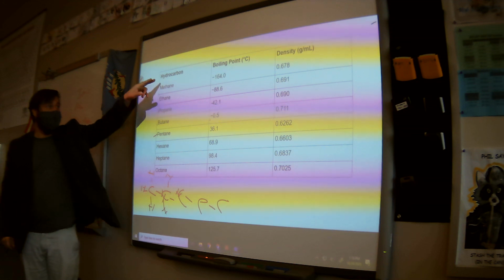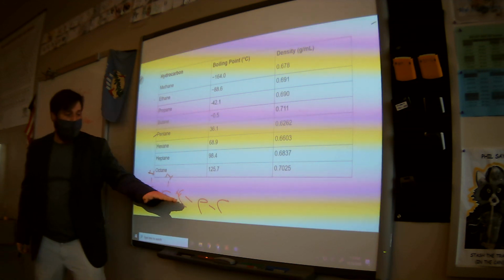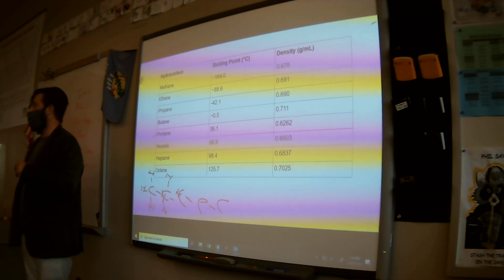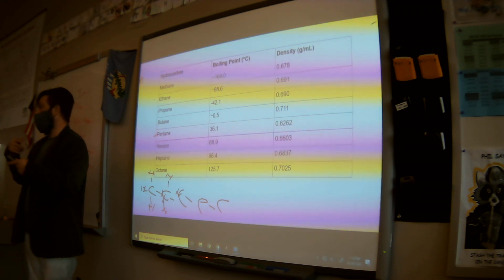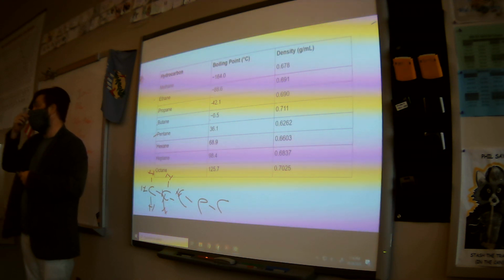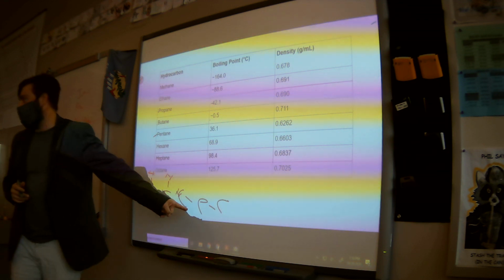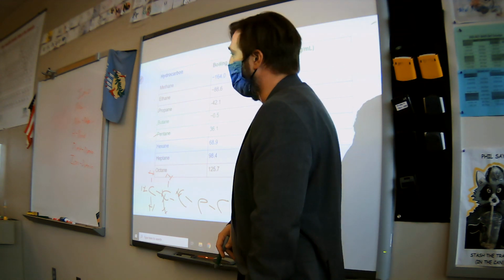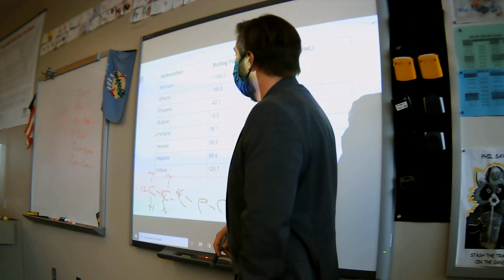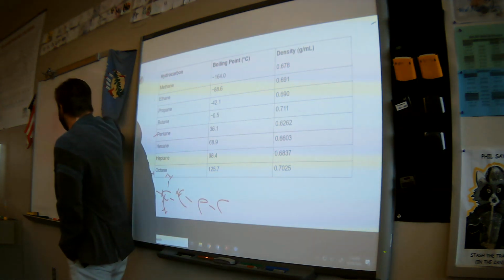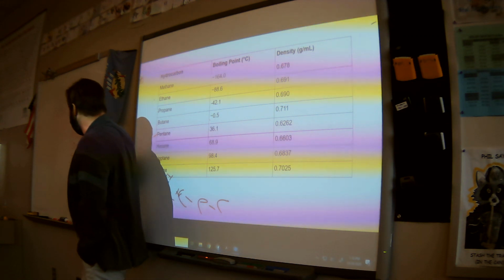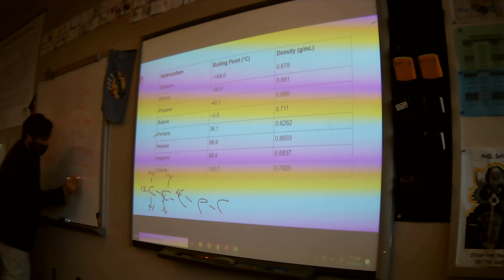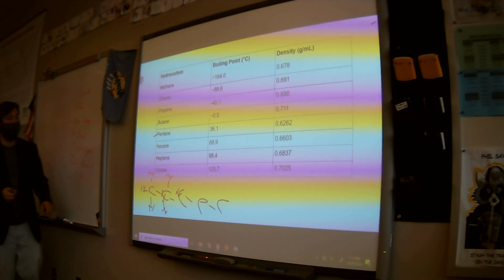Why is the boiling point going up the longer this guy is? More forces. Which force? Are there dipole forces? Do you see electronegative atoms? No. So it can't be hydrogen bonds, can't be dipole, can't be ion-dipole. It is London dispersion forces.